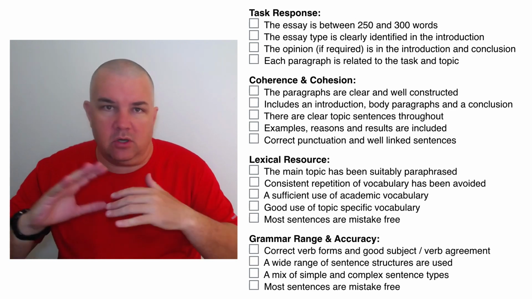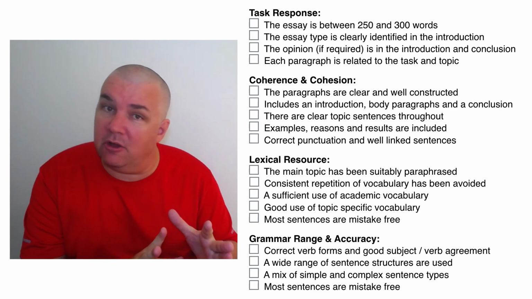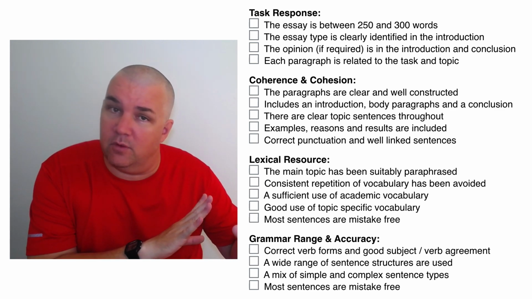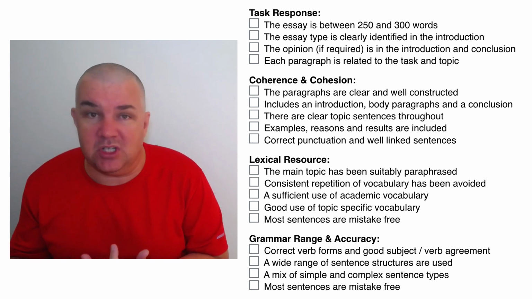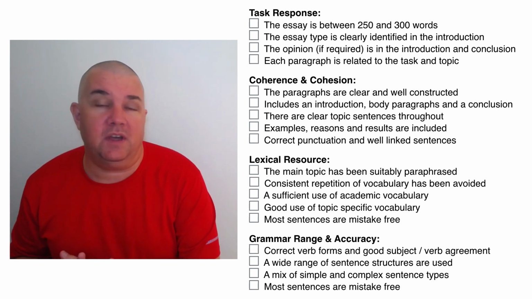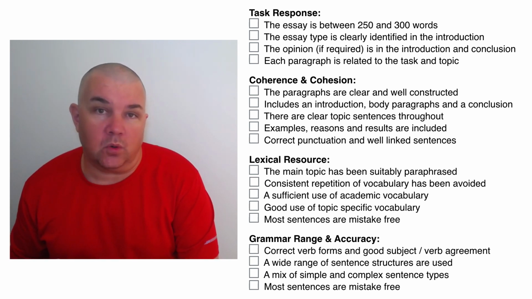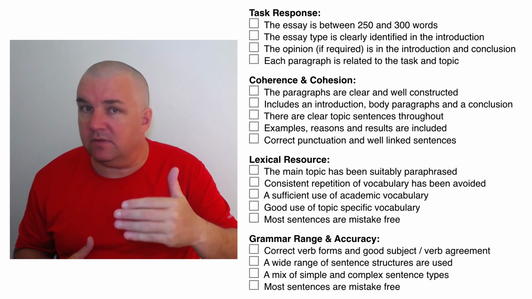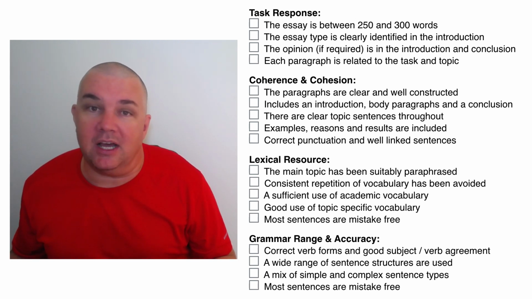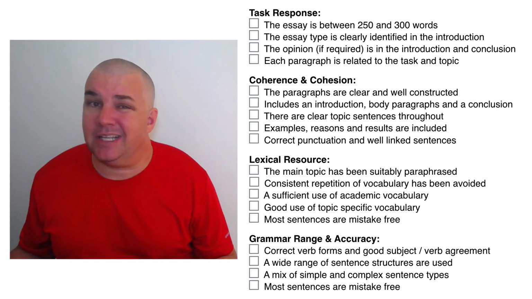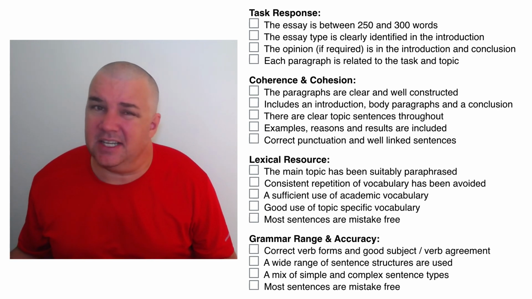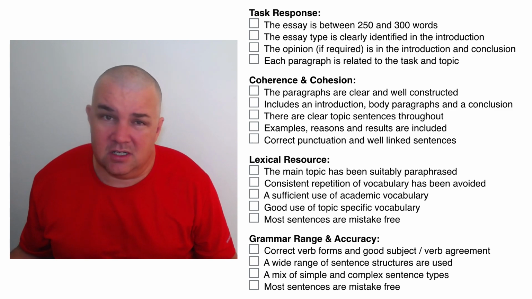So they look at mistakes in different ways. If it's a vocabulary mistake, that'll affect the band for vocabulary. If it's grammar, if it's tense, if it's the subject-verb agreement, that's going to affect the grammar score. Okay, and whether you get 6s or 7s or 8s will come down a lot to the number of mistakes that you are making. One mistake in every sentence, it's really hard to get a 7 in the grammar.